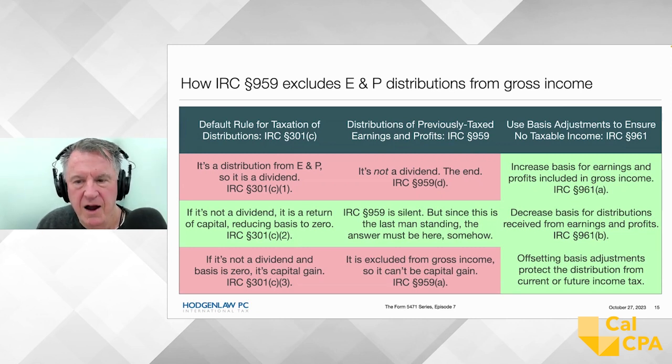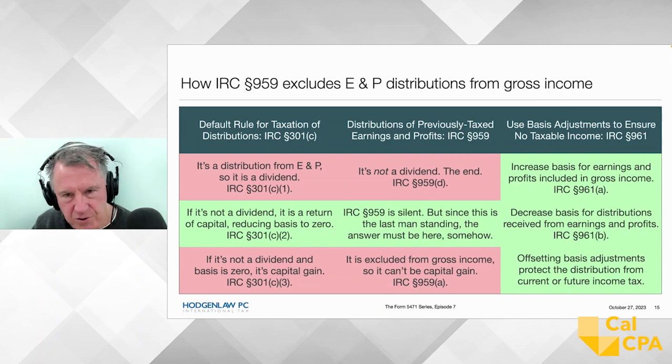Step two, I receive a distribution of $10,000 from my CFC. I apply the normal subchapter C rule of section 301(c)(2), and it says, take the money in, reduce your basis to zero. So I had a plus 10,000 on basis, and now I have a minus 10,000 on basis. Net offset equals no tax, right? And furthermore, I have not reduced my basis where later if I sell the stock, I'm going to have capital gain. So everything comes out easy peasy.